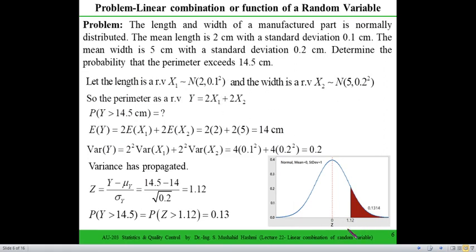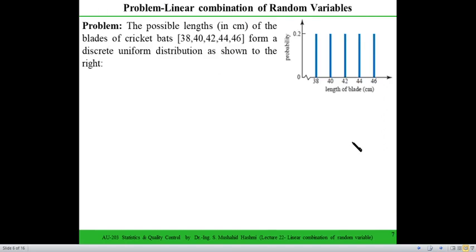Then the resulting distribution would be different for the area, and if we have to calculate volume, there would be a different distribution for the resulting function. Up to this point, we are only dealing with linear combinations of random variables.